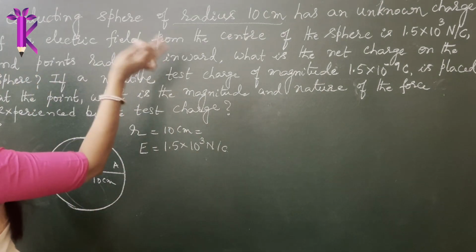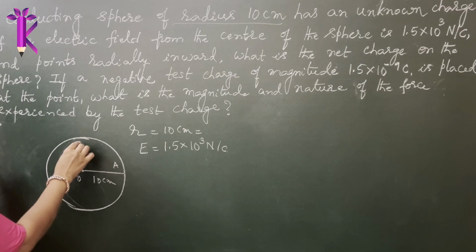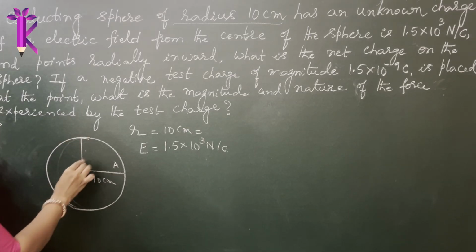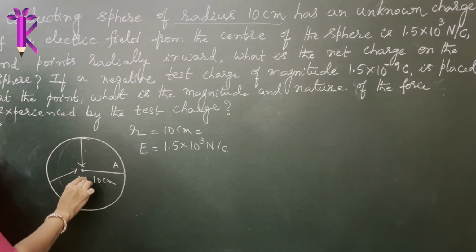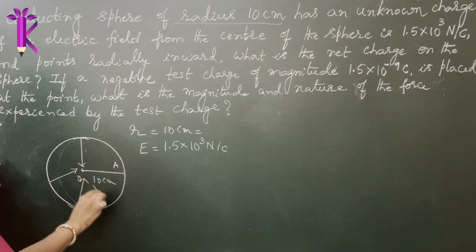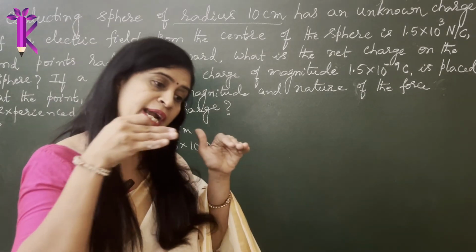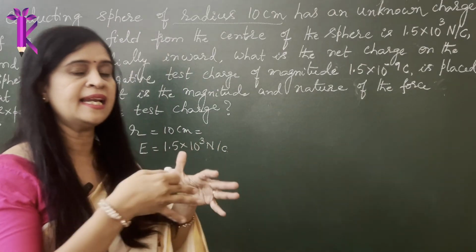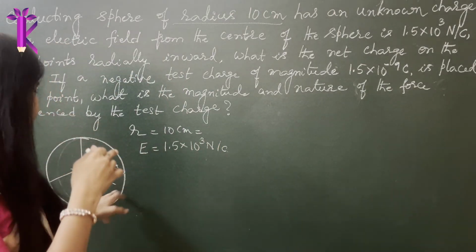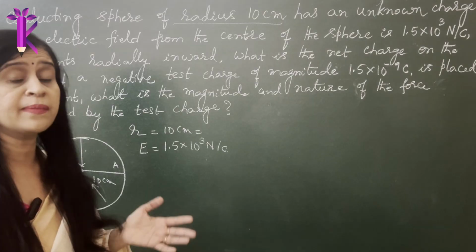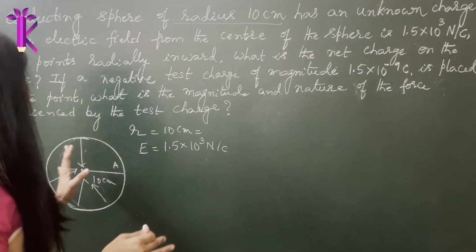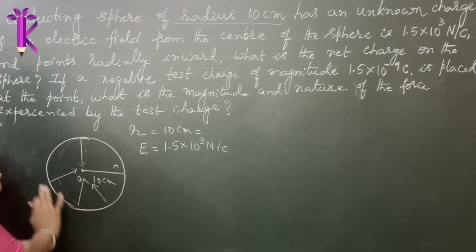And points radially inward. So where is the electric field pointing? It is pointing radially inwards everywhere. So if you place a positive test charge, where would the positive test charge move? It would move inside. It is radially inward. So it would move in this direction towards the center. So that means you have a negative test charge on the sphere.